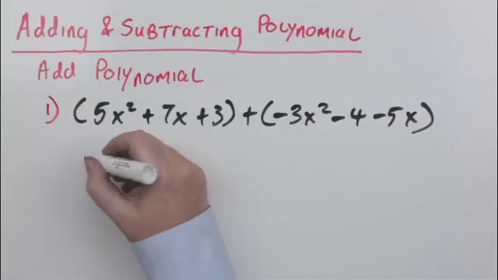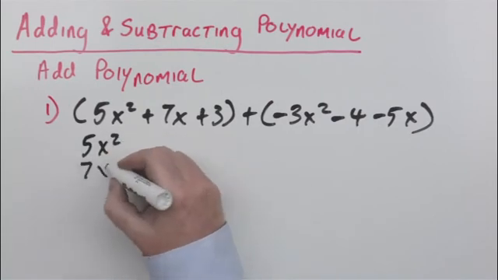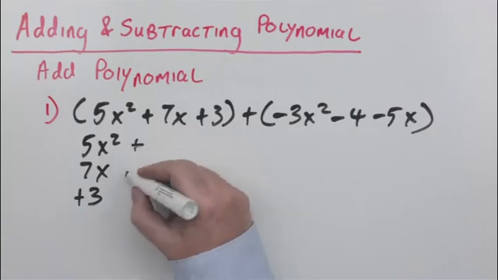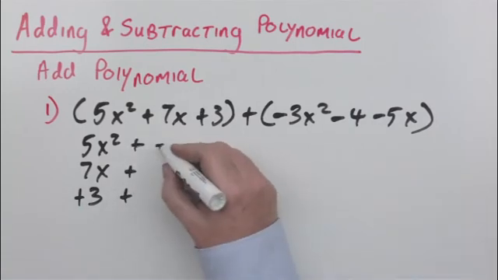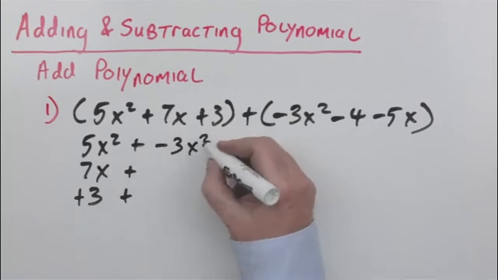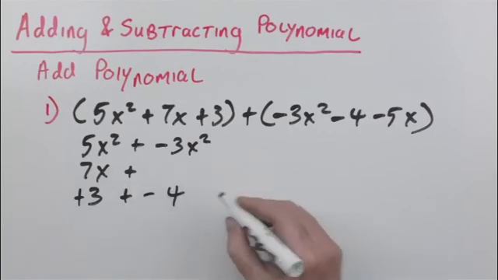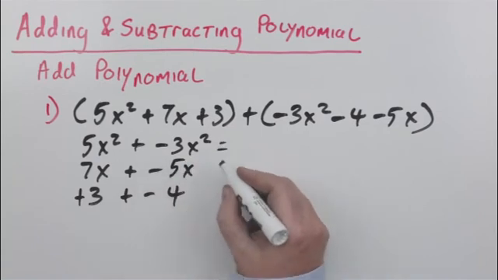The first thing I need to do is write down the terms vertically. 5x squared, 7x, writing them in this descending order, plus 3. And there's a plus sign in the middle, so I'll put plus, plus, plus. And let's see, negative 3x squared, that goes with the x squared. Negative 4, that negative 4 would go with the constant positive 3. And negative 5x.